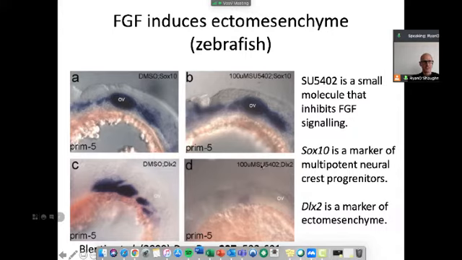So FGF is absolutely required for the formation of ectomesenchyme. And this is an experiment in zebrafish, but it works the same in other organisms. So no DLX2, no ectomesenchyme.